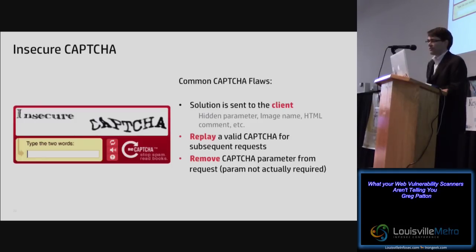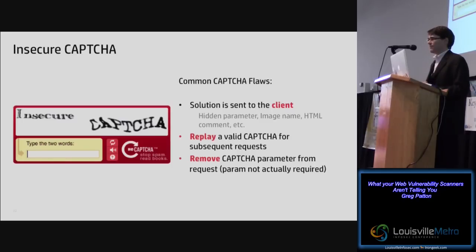But the truth is, a lot of these CAPTCHA controls are just riddled with flaws. A lot of them will actually send the solutions in the responses that get loaded up in your web browser. So if you view source in your HTML or work through the JavaScript, you can actually see the solutions to the CAPTCHA challenge that you've been presented.